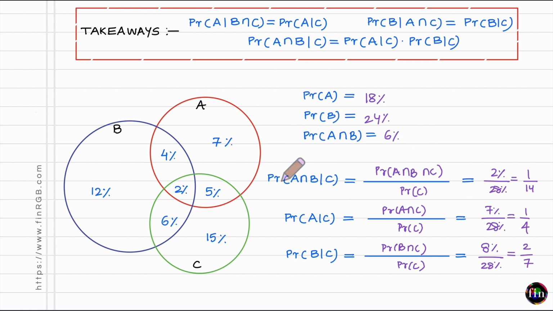Like in this particular solved example, A and B were indeed conditionally independent given event C, but A and B were not unconditionally independent. The opposite is also true. You can easily cook up an example in which A and B are actually independent, but conditionally A and B may be dependent. So this video was about understanding this concept of conditional independence.